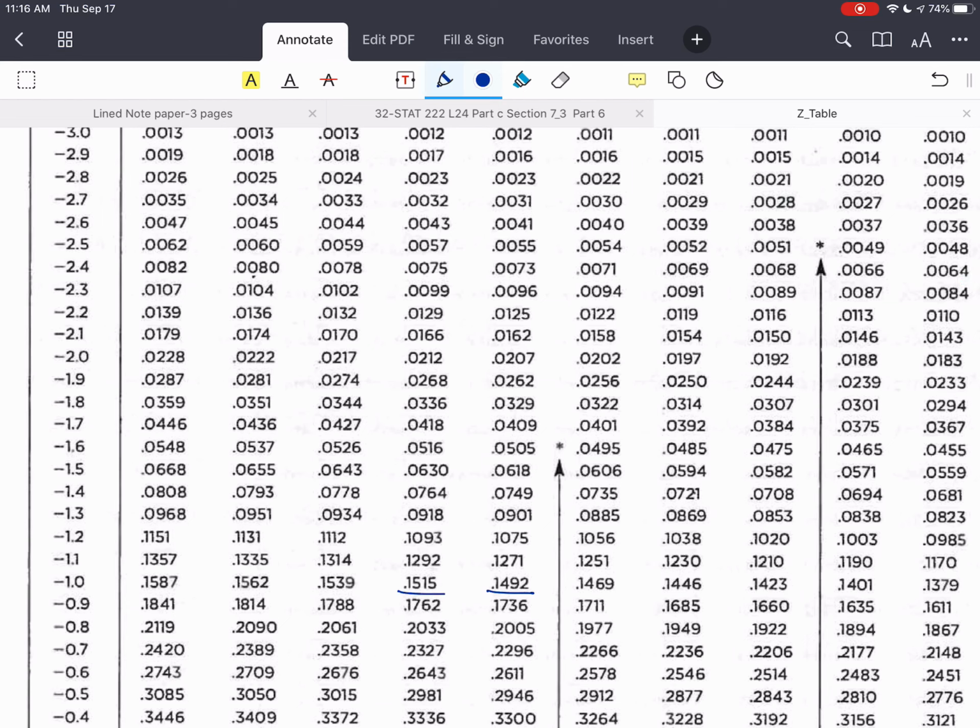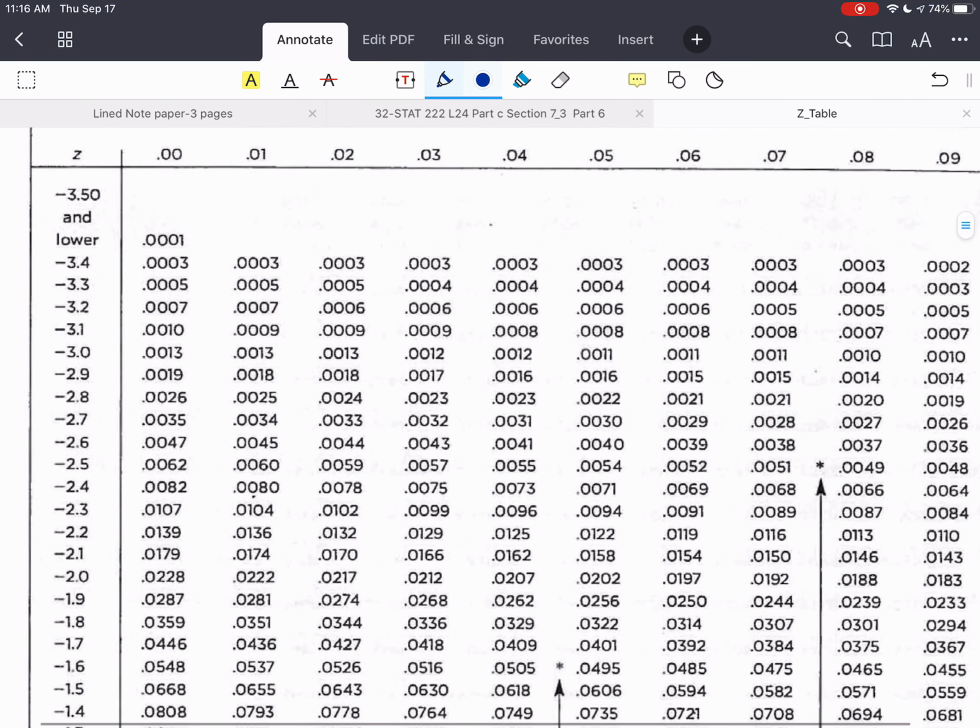So this is 0.0015 away. This is 0.0008 away. So I'm going to use the 0.1492, and that corresponds to a negative 1.04.